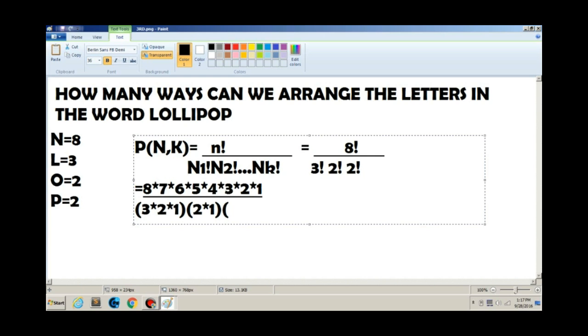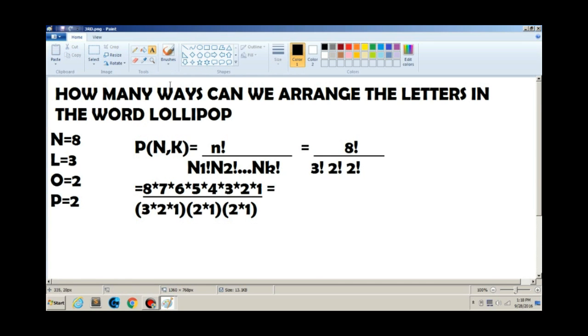And 2 factorial is the same as 2 times 1. So what we're going to do is cancel these numbers.